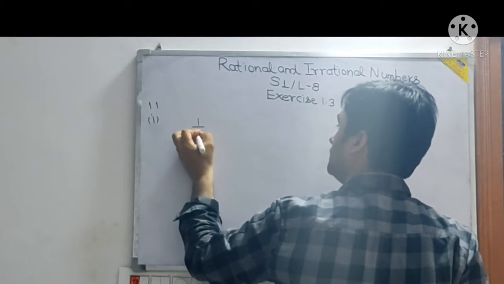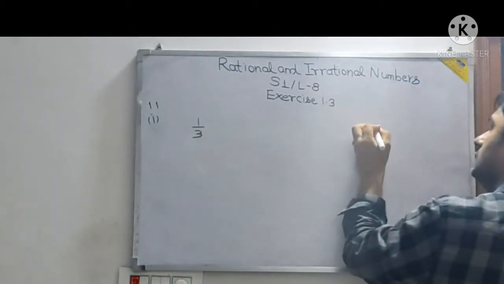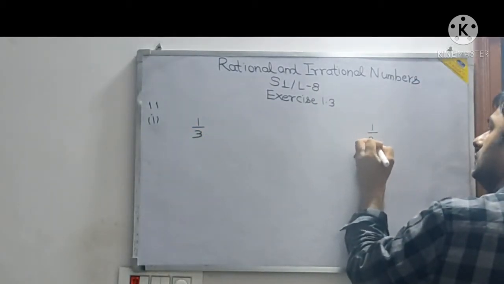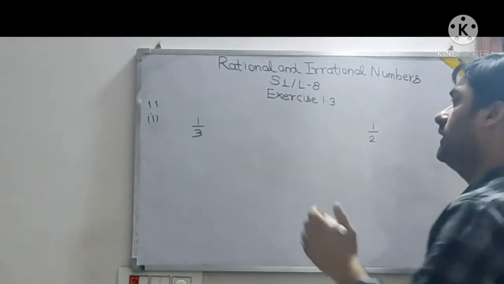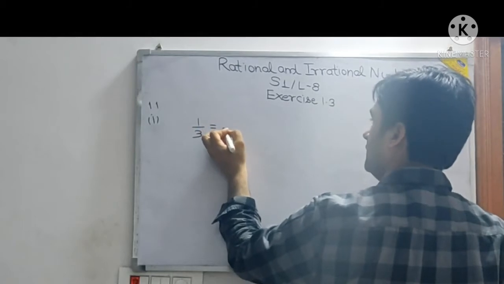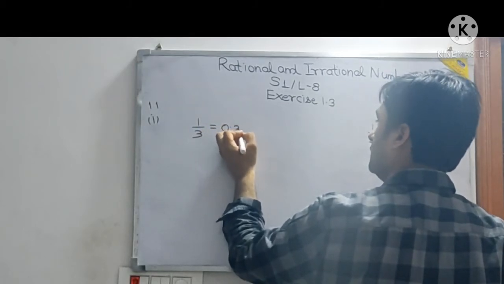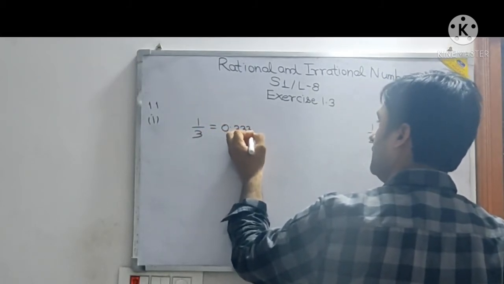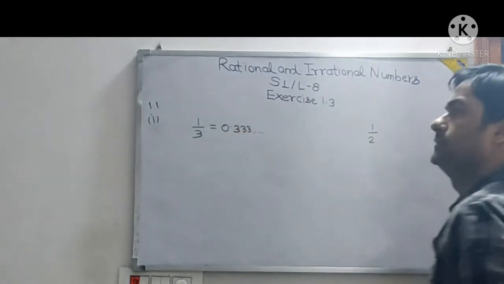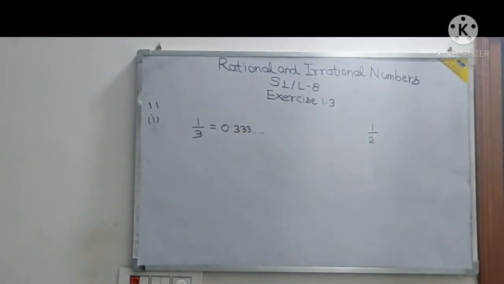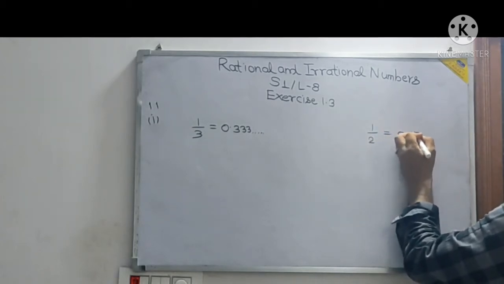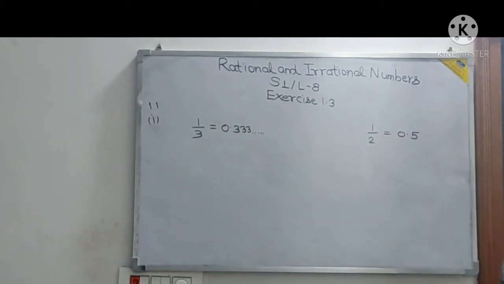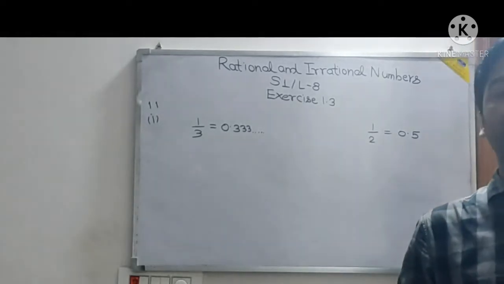So whenever a question says like this, now which is smaller? 1 by 3 is smaller. What is the value of 1 by 3? It will be 0.333... Yes or no? And the value of 1 by 2 will be 0.5 itself. Any doubt till here? There shouldn't be any doubt.